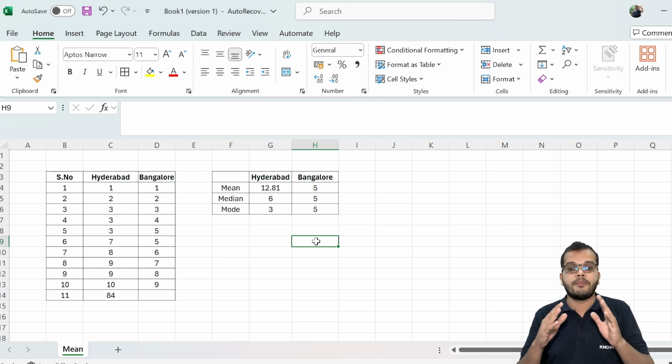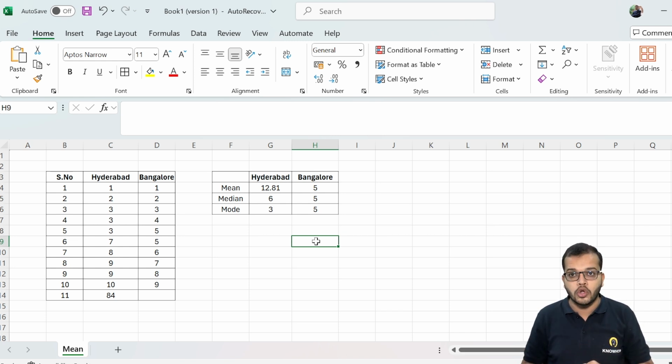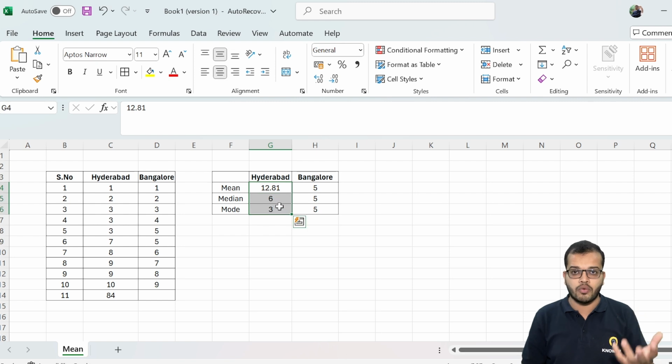That's where our mean, median and mode play an important role. So if I would like to justify my vada pav business in Hyderabad and Bangalore, I can say that Hyderabad is the best place where we can focus more on the vada pav business, based upon the average or overall sales.